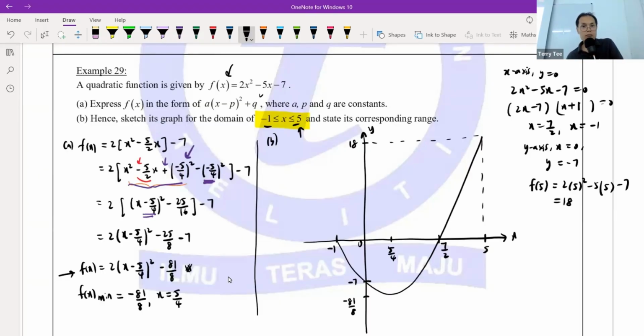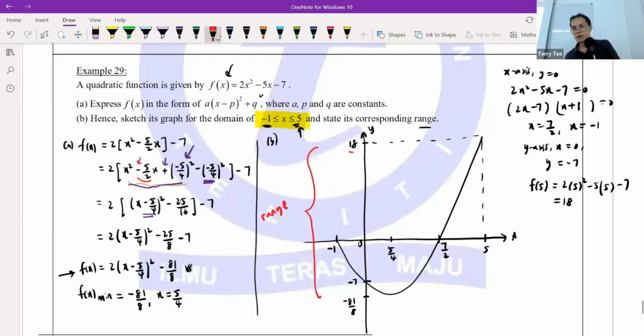Because you're drawing from -1 to 5. Lastly, find the range. Range means your y value. Remember, domain is your x value. I'm drawing from -1 to 5 for my x value. My y value will be from the smallest value, -81/8, to the largest value, 18.